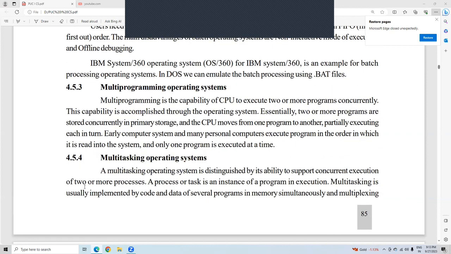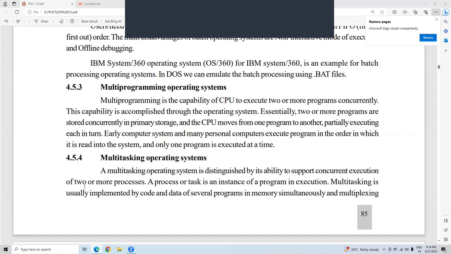So, multi-programming operating system. Multi-programming is the capability of the CPU to execute two or more programs concurrently, that is simultaneously, right? Simultaneously, the CPU can execute more than one program, and this capability is accomplished through the OS.